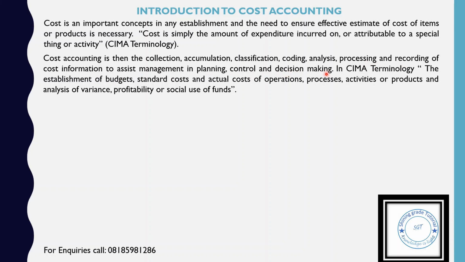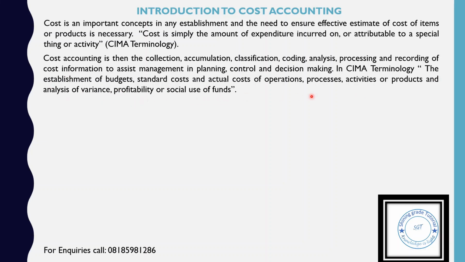So the process of accumulating cost, coding it, analyzing it, processing it, and recording such costs, with the aim of making information available to management to enhance their planning, control, and decision making, is termed cost accounting according to the terminology. So it is the establishment of budget and standard cost, budgeted cost, and actual cost of a process or activities or product, and analysis of variance, profitability, and making service use of funds.